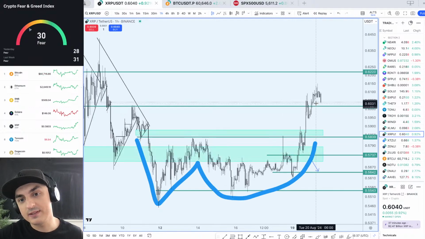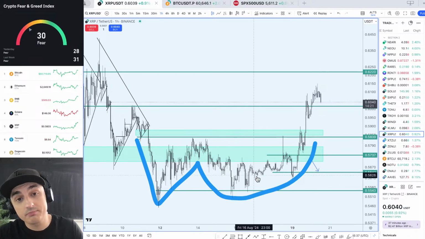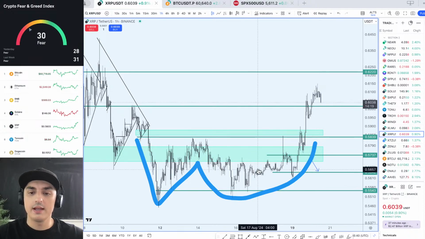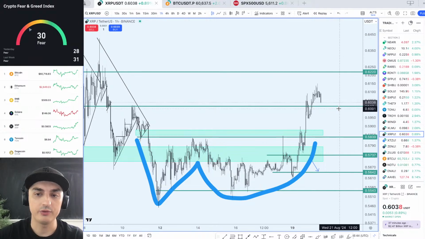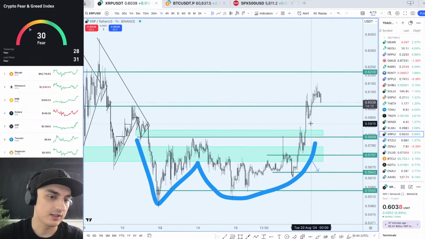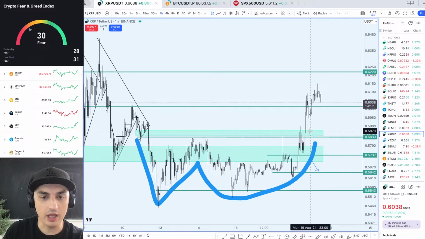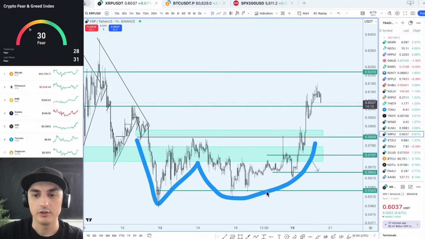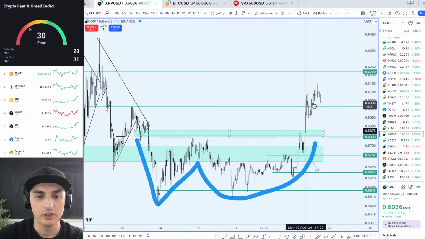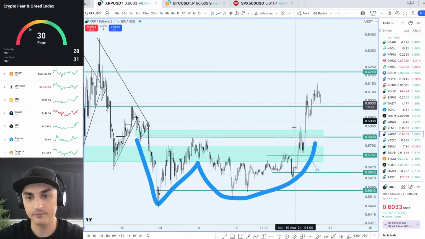So pretty good profits, and pretty quick as well. I guess it's a good area to take some profits over here. So shout out to Brian. This is a good trade, really well spotted.